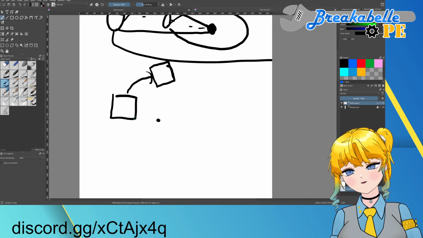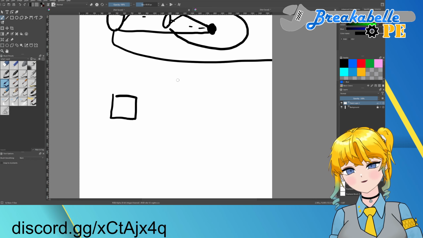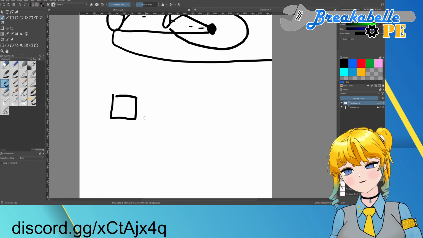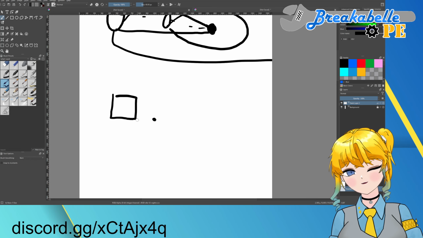I might have put the point at the wrong spot, but anyway, we're going to clean this up. The idea is, the box is turning about this point.